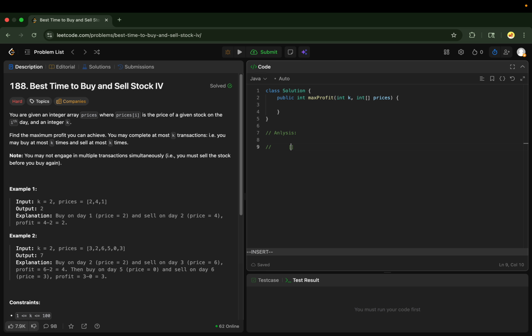Okay, so this time let's analyze first. So we got the same example, right? Like 2 4 1, for example. We want the max profit on the last day.